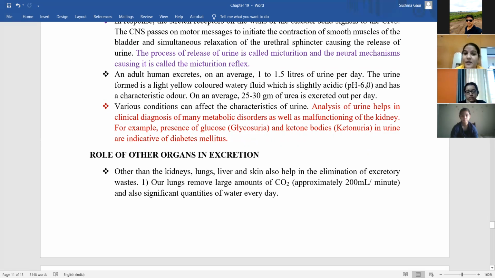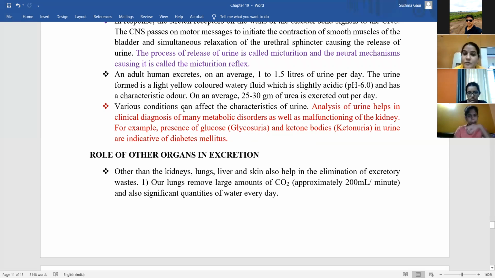Okay, and it is pale yellow in color. And also remember that 25 to 30 grams of urea is excreted per day by an average adult human being.